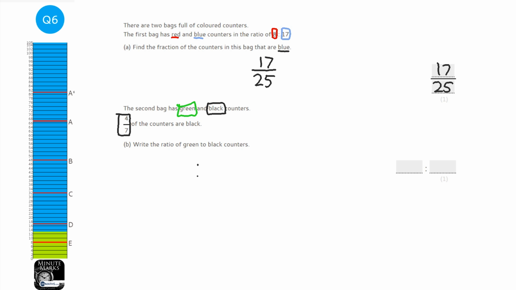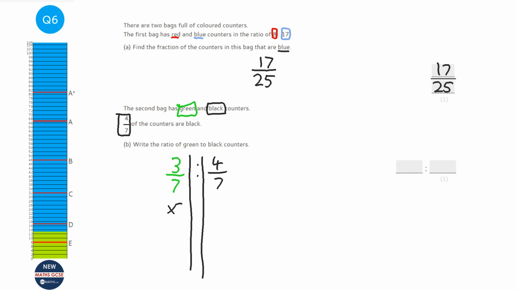So we know that there are 4/7 that are black, and we know that there are only green and black, so there must be 3/7 that are green, because it has to add up to 7 over 7, which is 1.